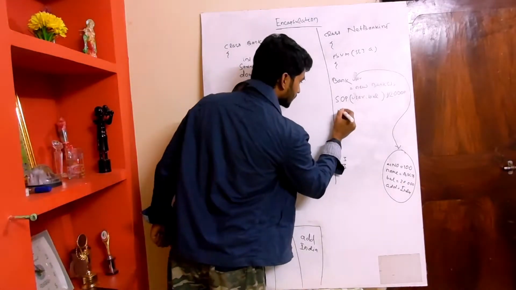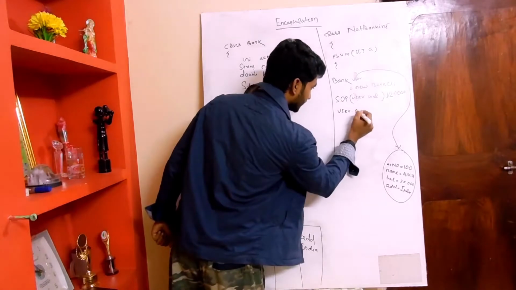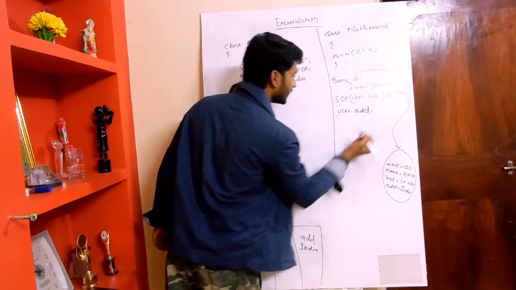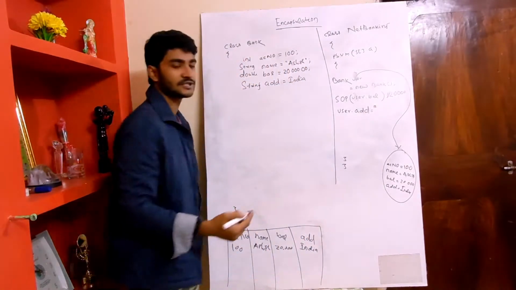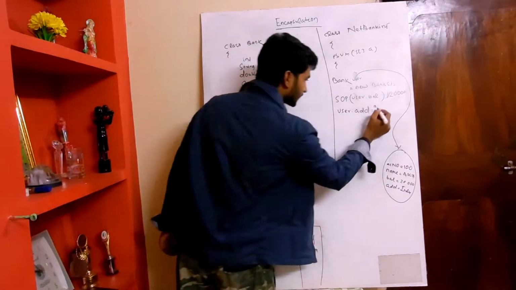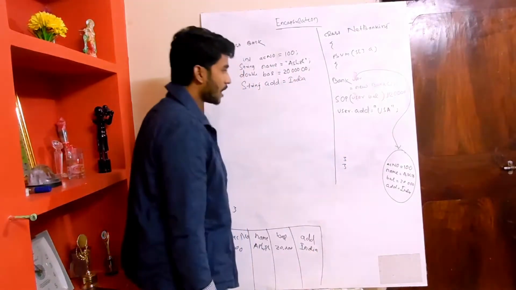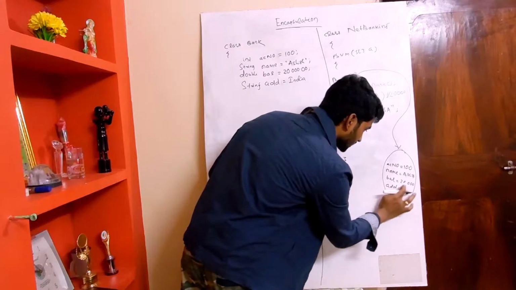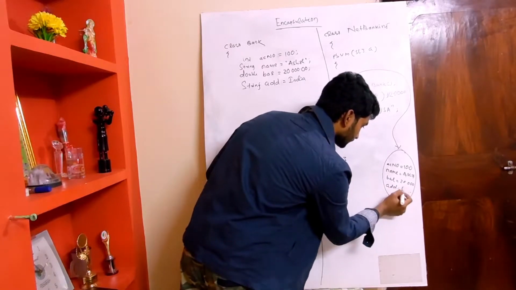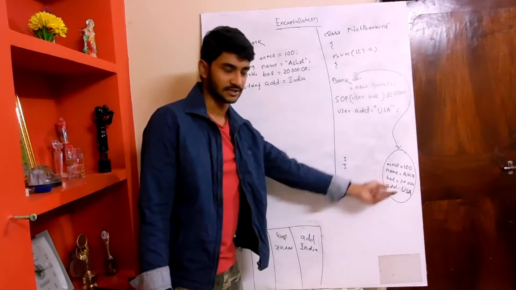User.address, and you assign the value. Let's say you wanted to change it to USA. So I'll put USA here and a semicolon. Now this address is going to be changed to USA.